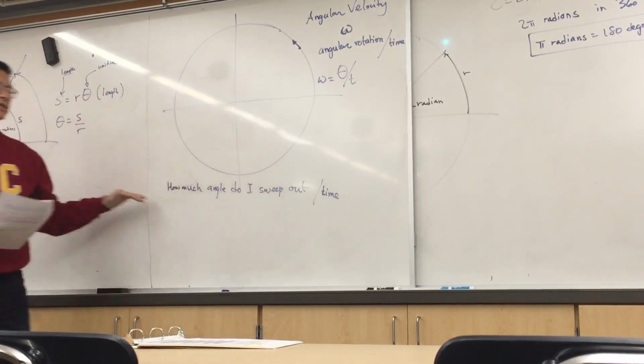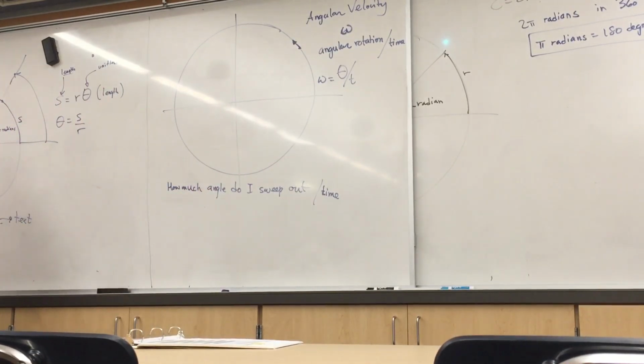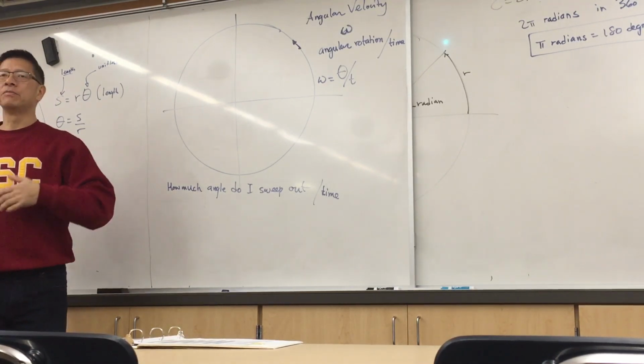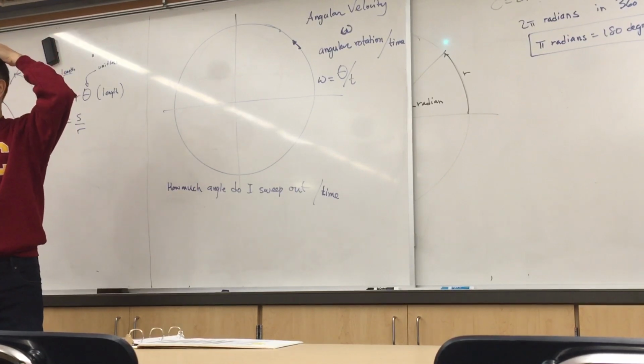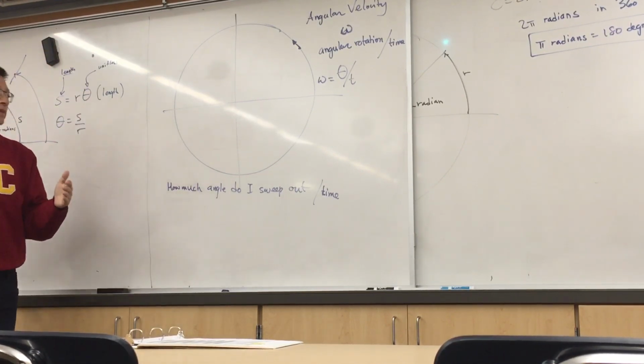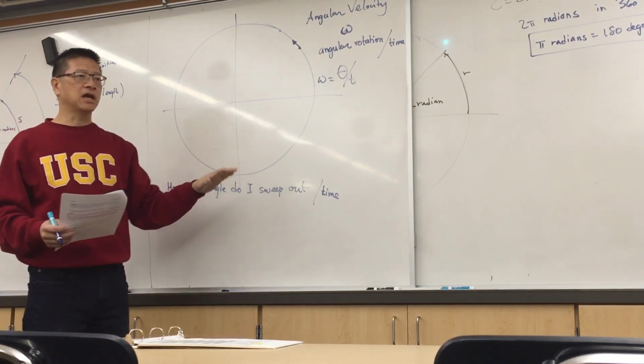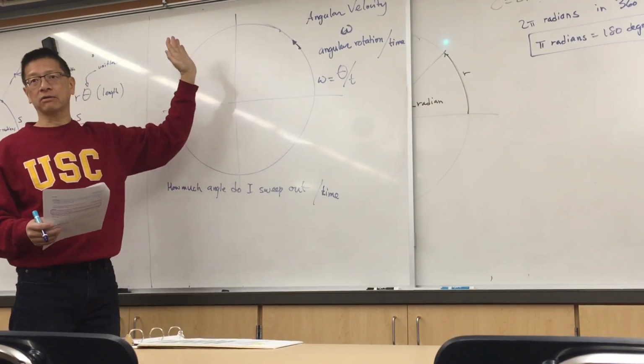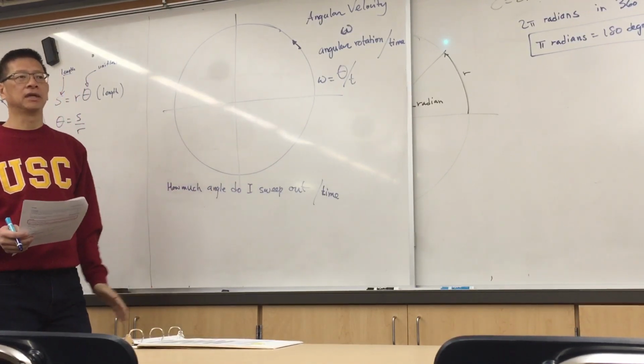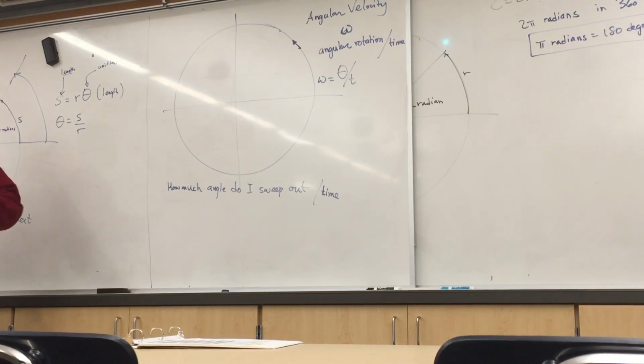So the analogy is straight up velocity, like for me, driving to Portland. In that analogy, it's the distance. How much distance do I go in a certain amount of time? In this case, it's not distance; it's how much angle do I go in a certain amount of time.